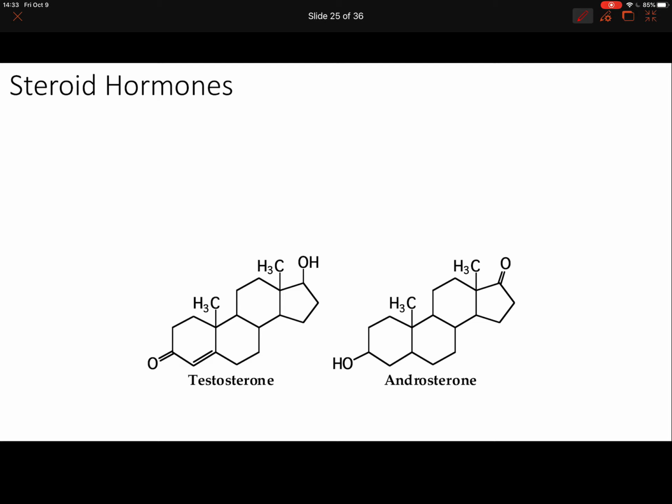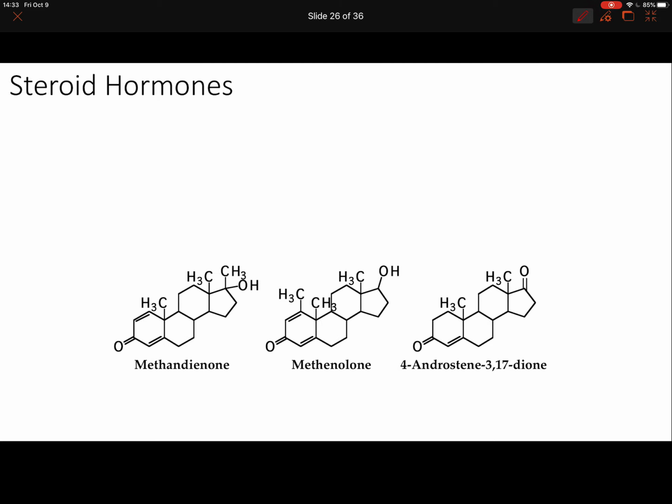So here are the male sex hormones, synthesized in the testes from cholesterol, responsible for the development of male secondary sex characteristics. You can see there testosterone and aldosterone. Among the synthetic anabolic steroids are these: methandione, methanolone, 4-androstenedione, 3,17-dione.